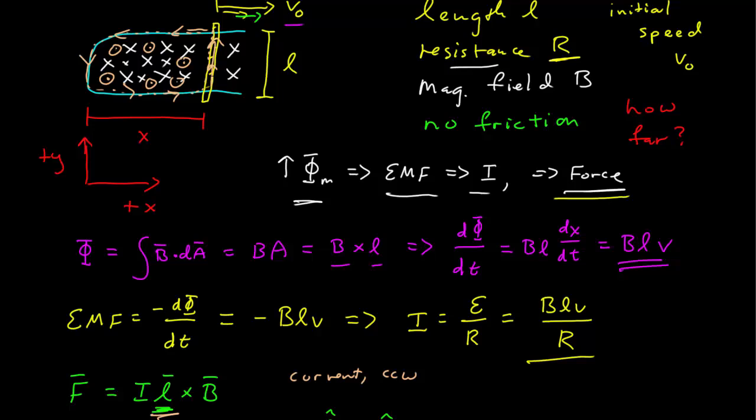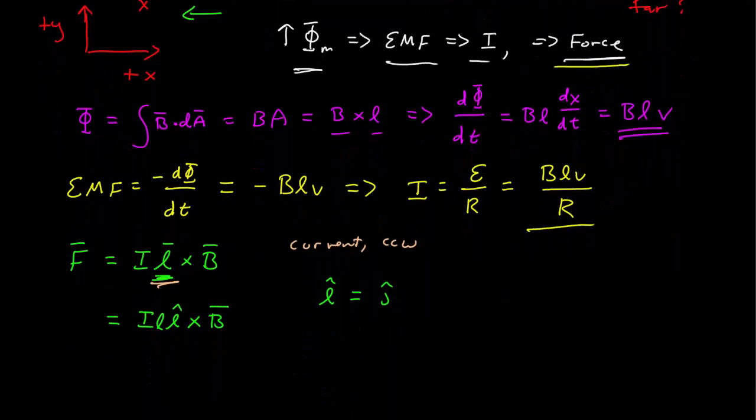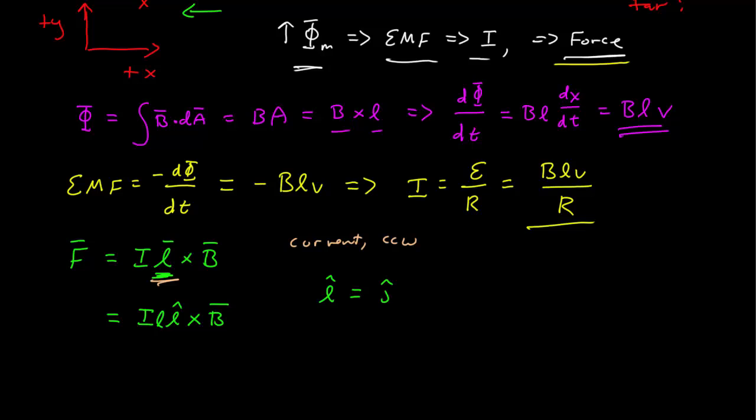If we have our first vector up and our second vector, which is B, into the page, then the resulting force is in the negative x direction. It's perpendicular, so we just get the magnitudes ILB and then negative i hat, negative x direction. So our force is equal to negative ILB i hat.